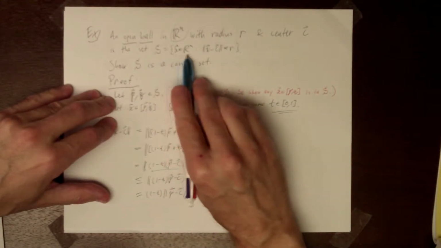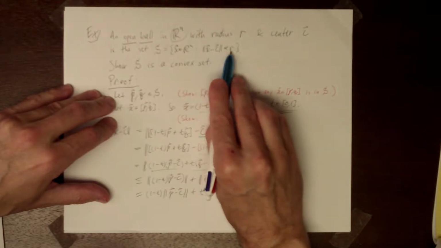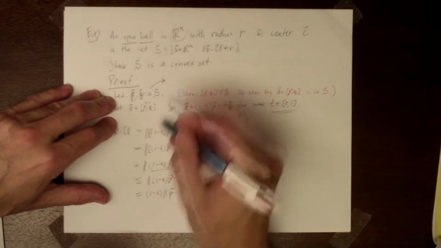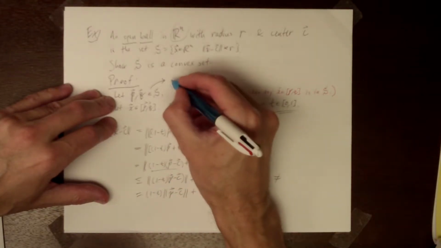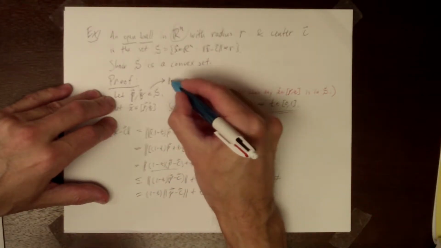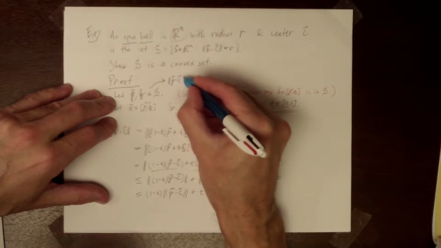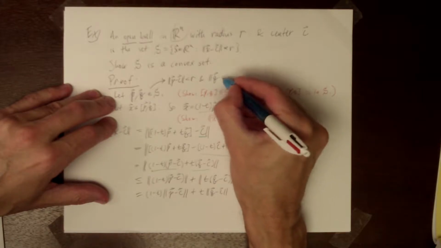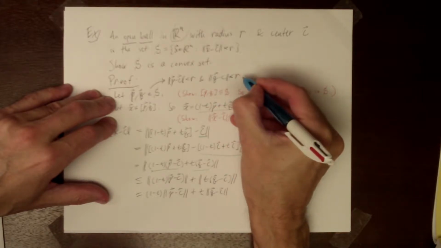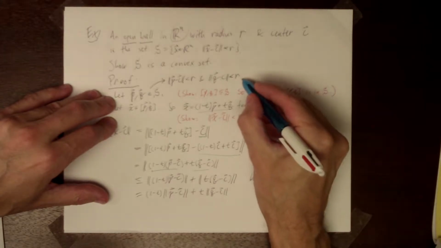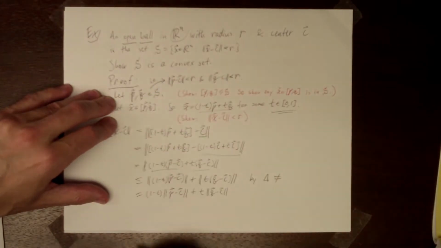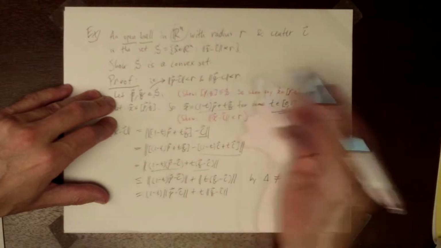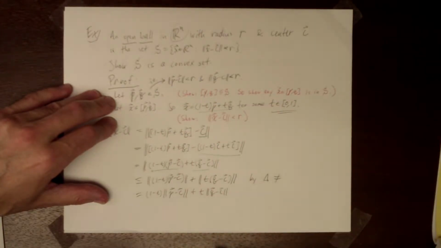Anything in S is something whose distance from C is less than R. So because P is in S and Q is in S, the norm of P minus C is less than R, and likewise the norm of Q minus C is less than R. By that we mean this. So coming back down to here, this is less than R and that's less than R.